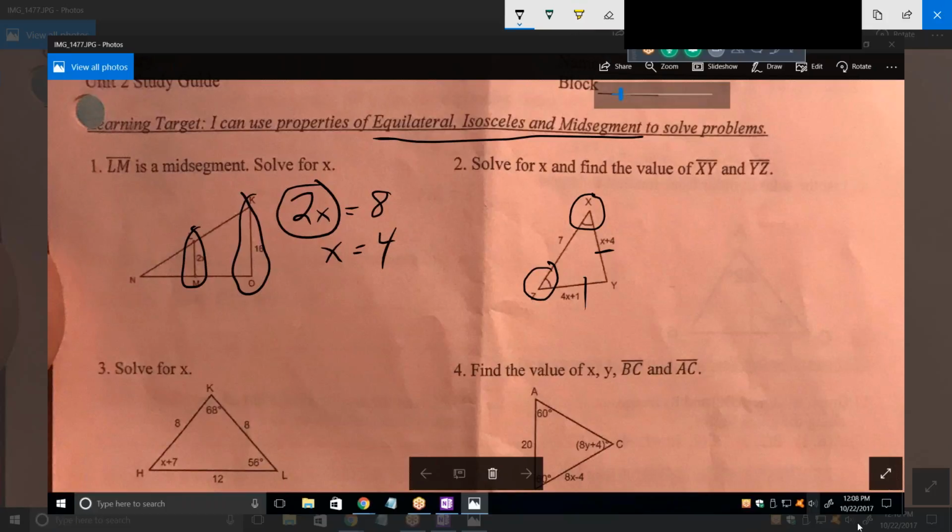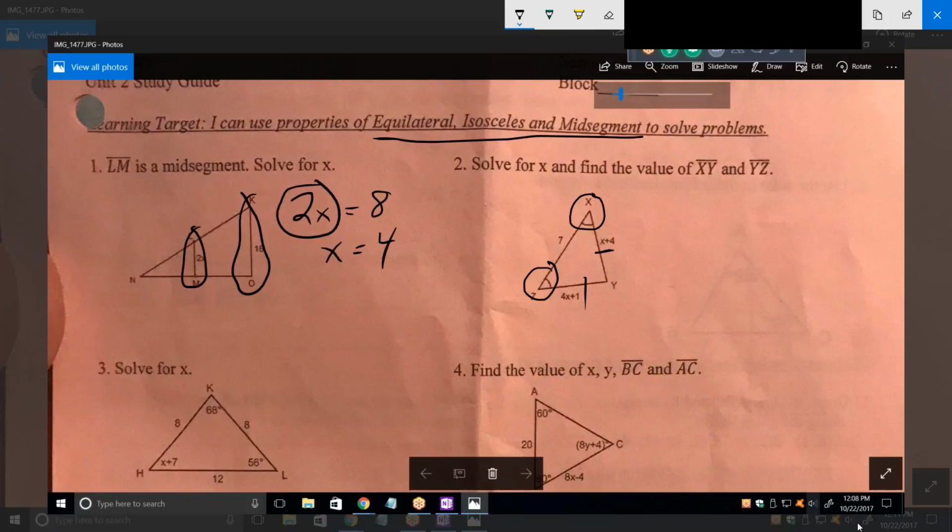Most of the time, you define an isosceles triangle as having 2 sides that are equal, and then you follow it up by saying their opposite angles are equal also. But certainly if you find a triangle that tells you it has 2 angles that are equal, that means it's isosceles, for sure.